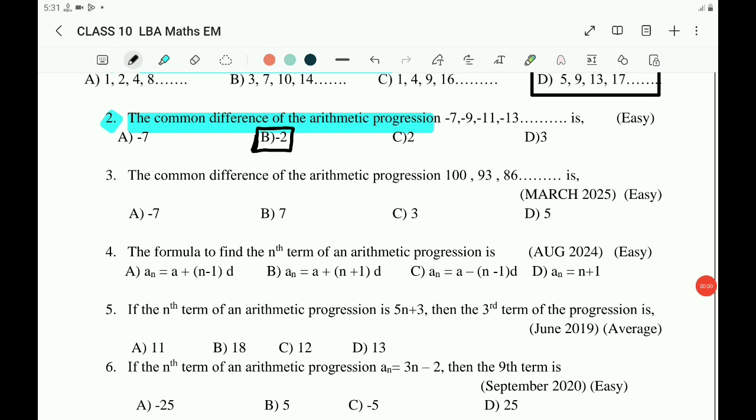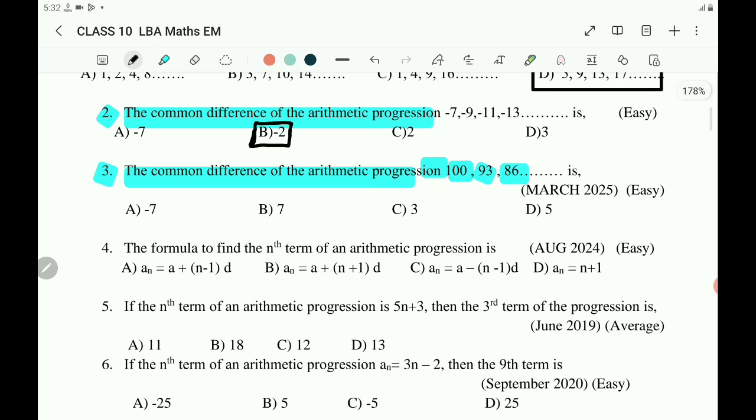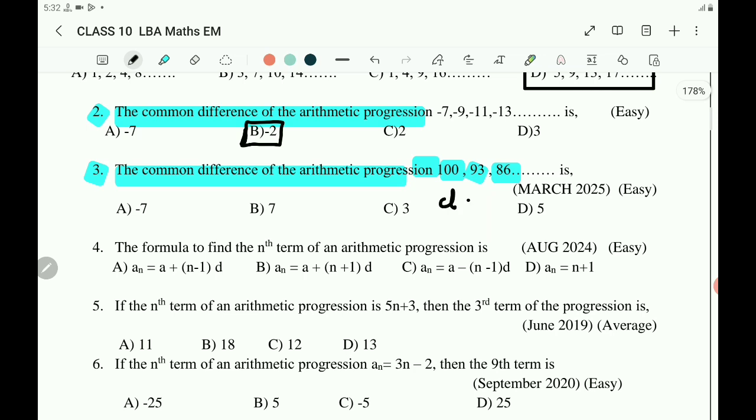Next question, question number 3, third question. The common difference of the arithmetic progression 100, 93, 86, and so on. Common difference means D we have to find out. D is equal to A2 minus A1.